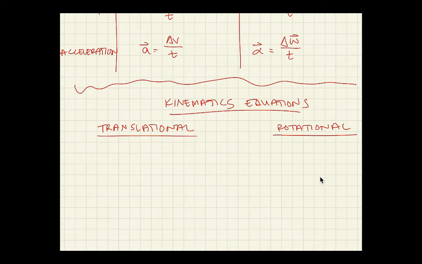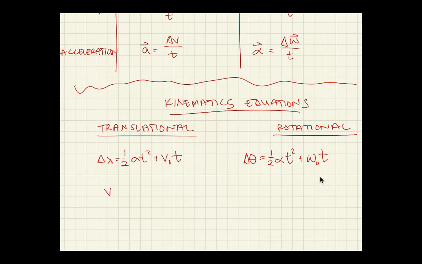So translationally, we had the equation delta x equals 1/2 a t squared plus v naught t. Well, rotationally, the same relationships are true, just with their rotational analogs. So the angle that an object rotates through will be equal to 1/2 the angular acceleration times t squared plus the initial angular velocity times t.